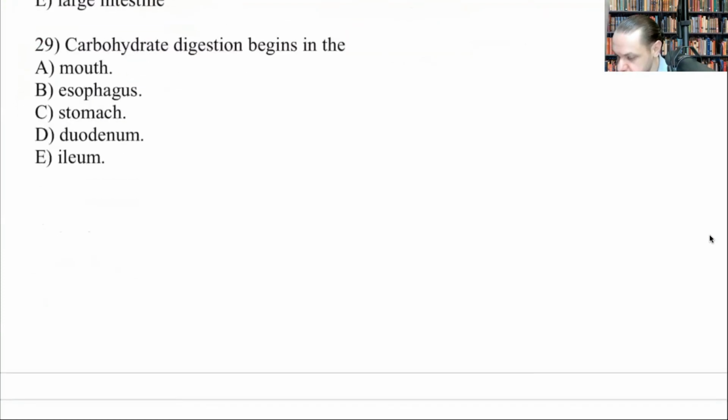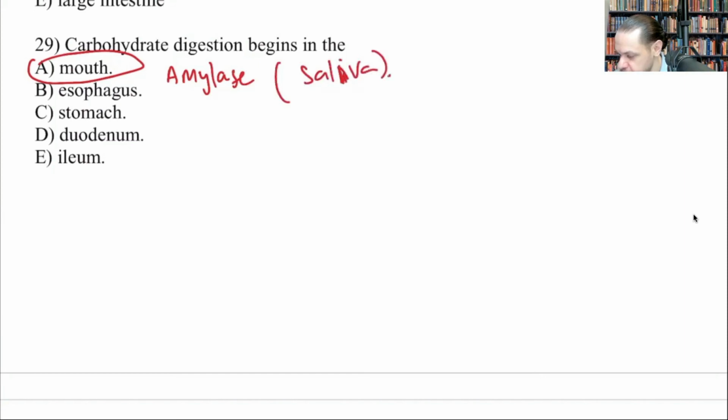We go to Brian for number 29. Carbohydrate digestion begins in the mouth. Yeah, we have amylase in the saliva, secreted by the glands in your mouth. The amylase starts to chop up these sugars that you ate, pasta, bread, whatever, into glucose.